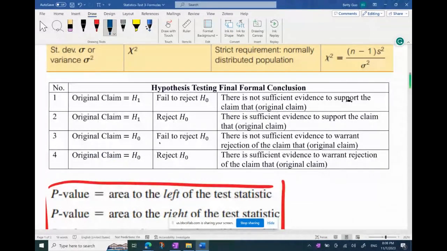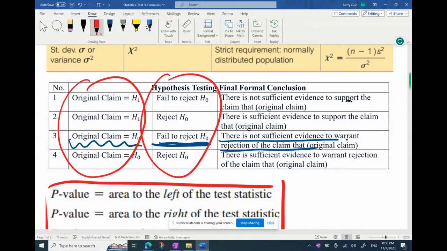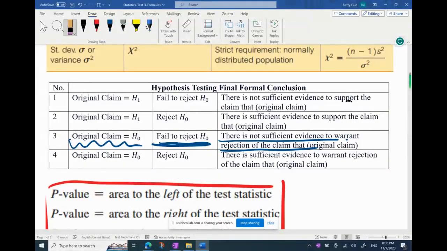Another case is also fail to reject the null, but the original claim is the same as the null. Of course, the conclusion would be different. When your original claim is the same as the null and you fail to reject the null, you would say there is not sufficient evidence to warrant rejection of the original claim. It's different. In the chart you have multiple columns, and you have to look at all of them to make the decision. Did I answer your question?